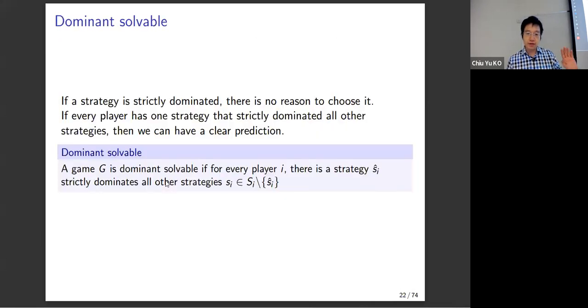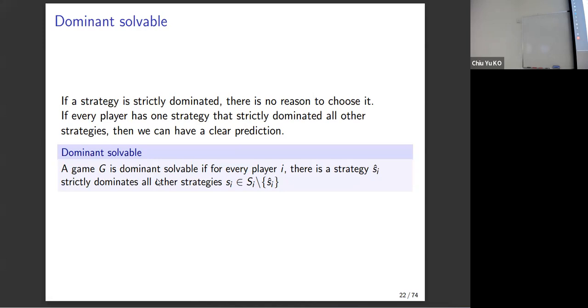And the way we solve that kind of game relies on 2 ways. One way we call dominant solvable, right? If something is stupid, which means that no matter what other people do, it is always strictly worse off, something stupid should not be chosen.